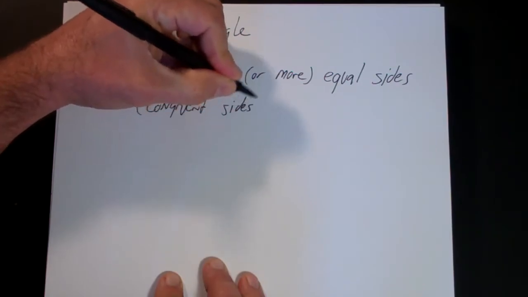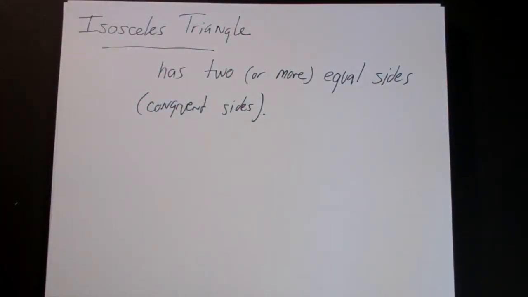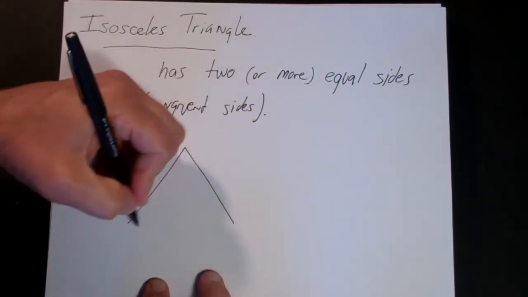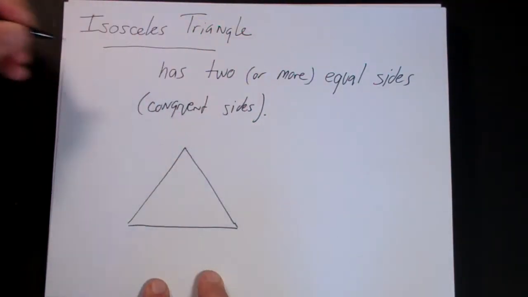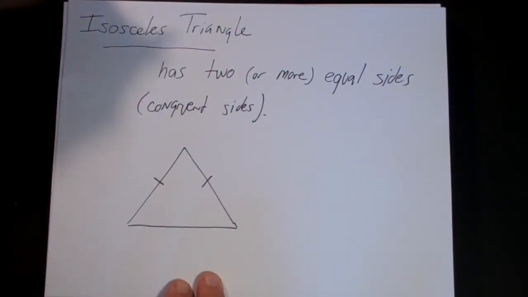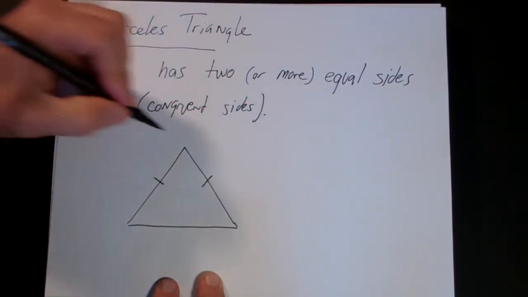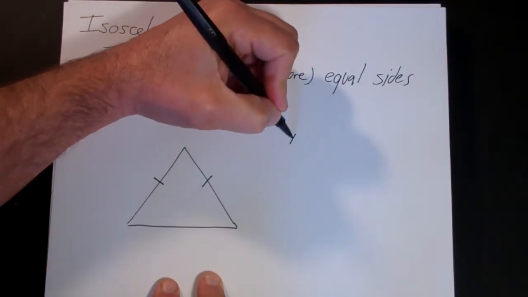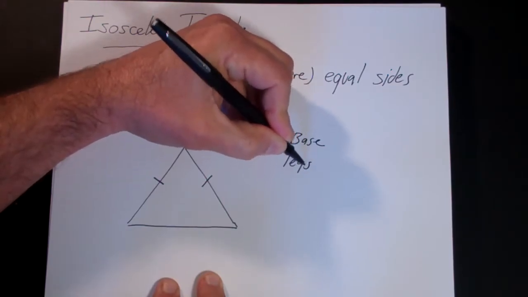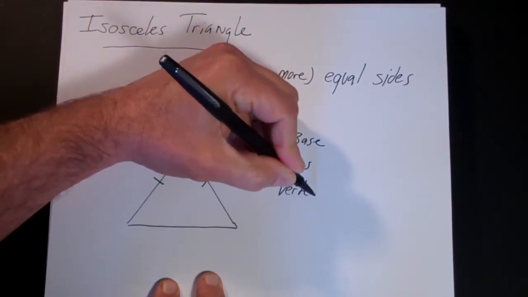And then when we have an isosceles triangle, we have certain vocabulary that goes along with it. So let's think of an isosceles triangle where this side and this side are equal. Then we have what's called the base and the legs and the vertex angle.